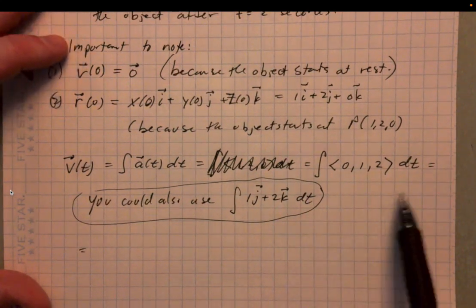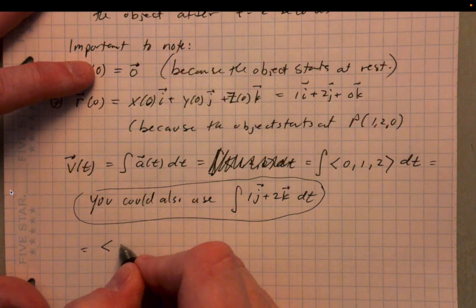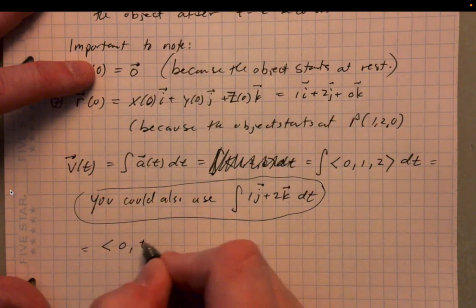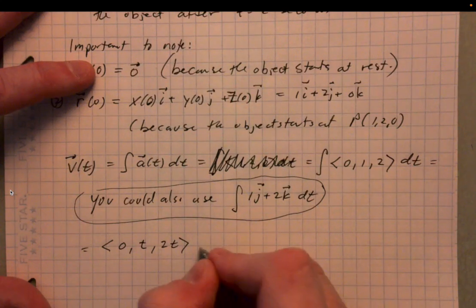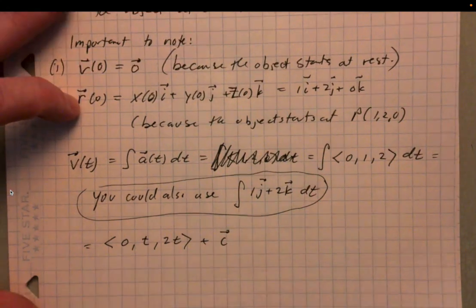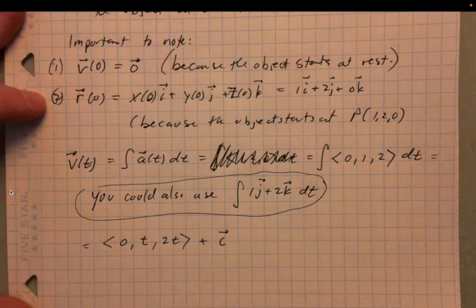And so can we integrate all of these pieces? Yes, we surely can. This would be 0, t, 2t, and then very importantly, plus a constant vector. This is where we need to figure out what this constant vector is before we can integrate velocity to get position. That's why we need the initial condition.